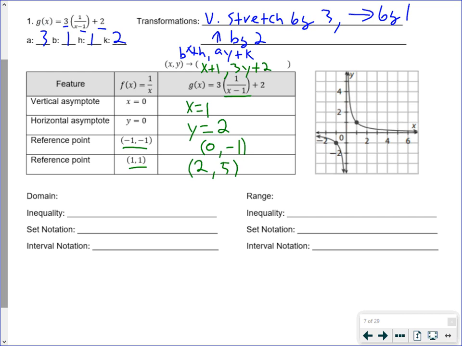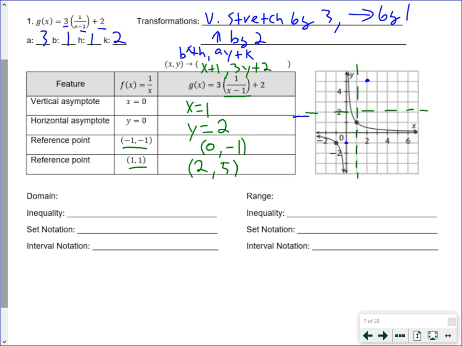So now that we have our asymptotes and our reference points, we can go ahead and graph this function. So first thing we do is our asymptotes. So x equals 1 will be right here. We do our dashed line, and then our horizontal asymptote, y equals 2, will be right there. Now we'll plot our reference points. We have 0, -1 right over here, and 2, comma 5 right up there.